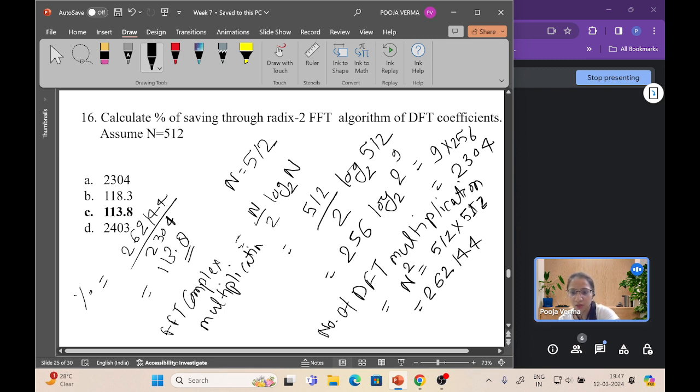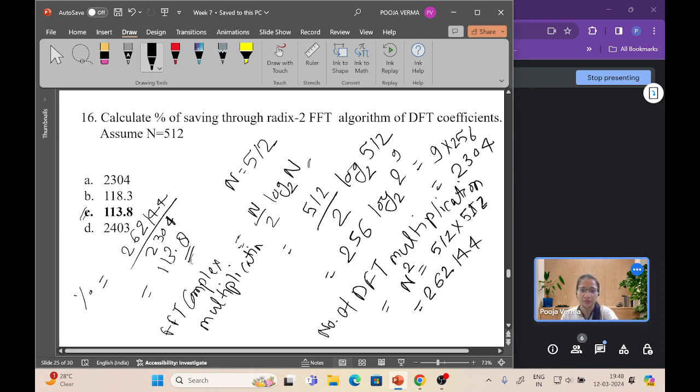Just calculate this. So the correct option will be C, 113.8. In order to calculate the percentage saving through Radix-2 FFT algorithm of the DFT coefficient, you need to calculate the number of multiplications required in the FFT algorithm and the number of multiplications required in DFT, then divide the DFT number by the FFT number, then you will get the number.